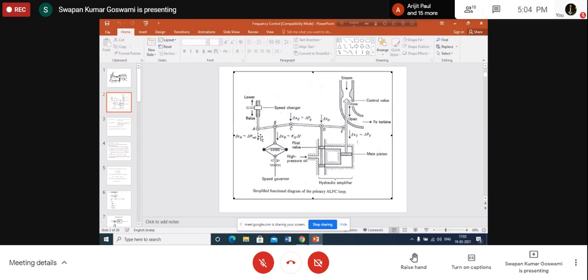So we want to develop a model in terms of the power increase or decrease command, in terms of the change in frequency, and in terms of the opening of the steam valve. Our intention is to develop the mathematical model in terms of delta PC, the power increase command, frequency change delta F, and the change in the opening of the steam valve.